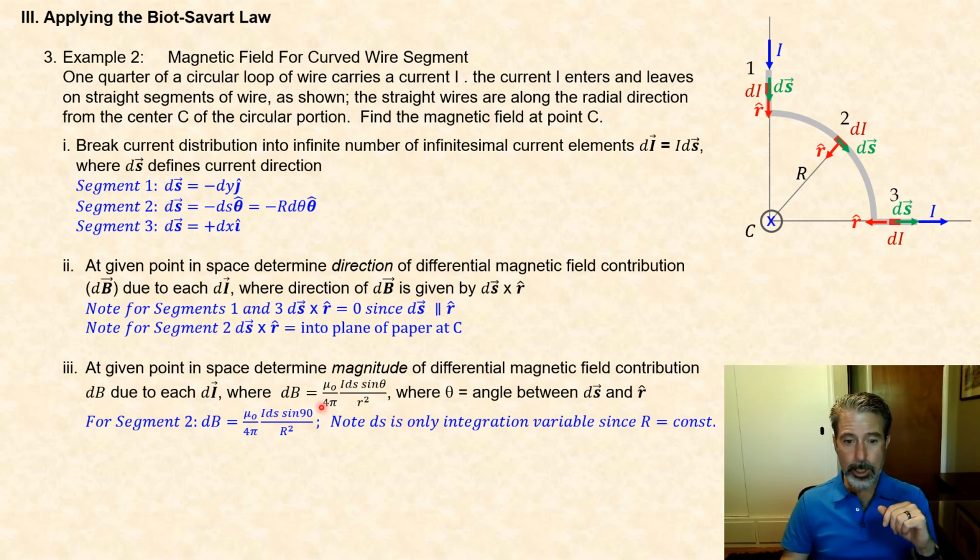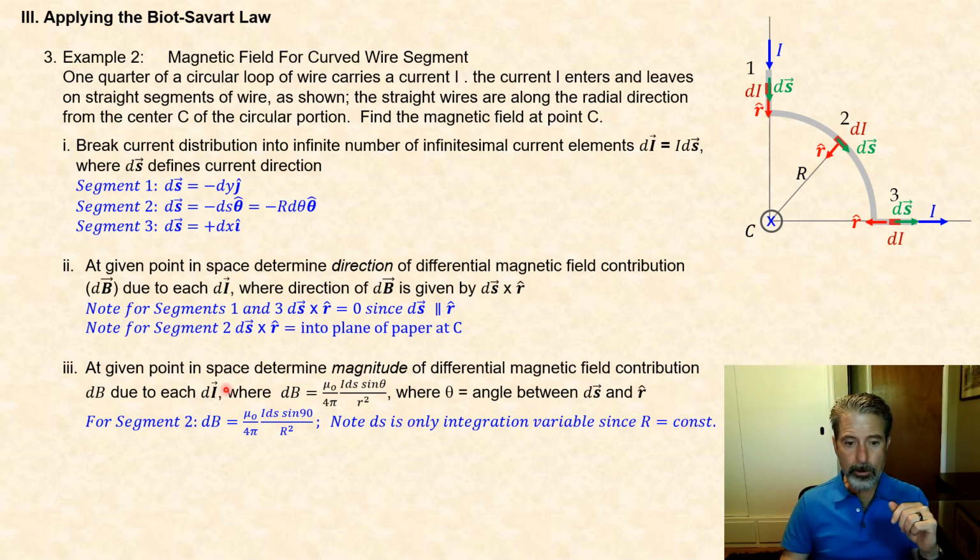And you'll also notice here that mu naught over 4 pi, constants, I constant, r squared, you'll notice that r is a constant as well. That is just the radius of this quarter turn loop.